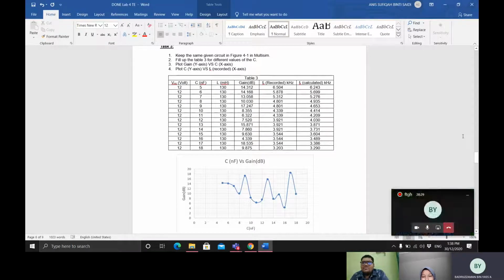Okay, thank you. For this task, it is basically the same as the previous task. The only value that we change in this task is the capacitor value.